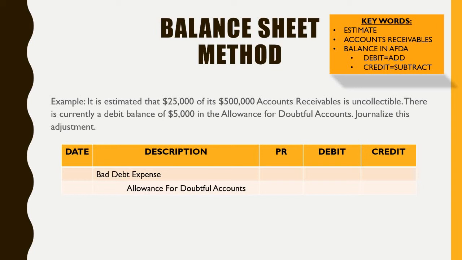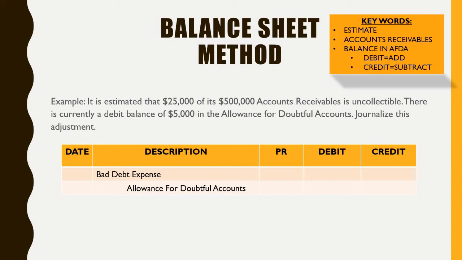So with that being said, we currently have a debit balance of $5,000. This debit balance is going to be very important, okay? Especially when you're dealing with your accounts receivable, because you already have a contra account right there.